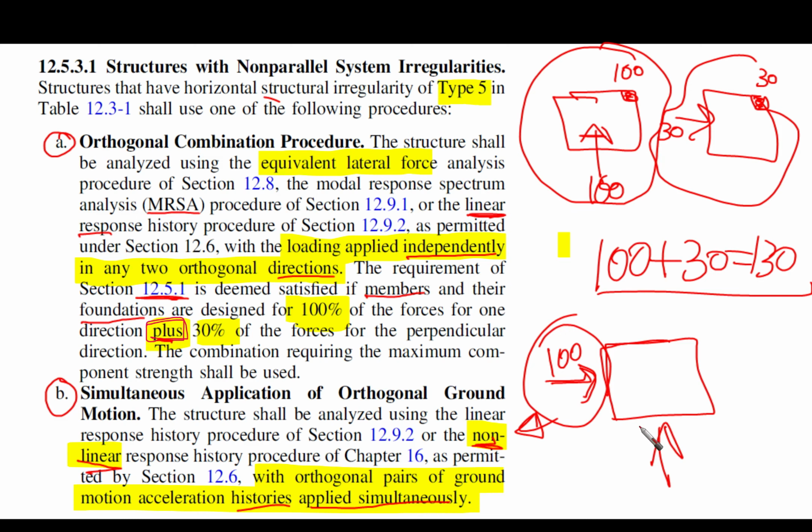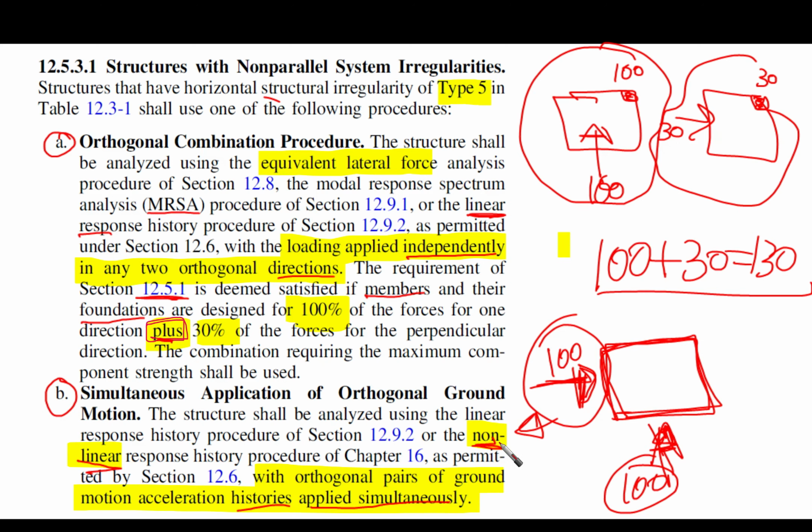In linear or nonlinear time history response, we need to apply two components, okay? We always have two components for the same earthquake. If you are going to obtain it from PEER, for example, then 100% of the component in X and the component in Y, if we're talking about fault normal and fault parallel. So this is going to be applied on the structure simultaneously.